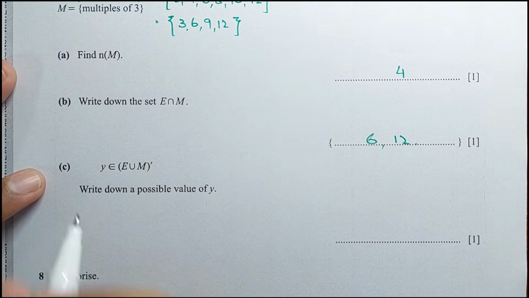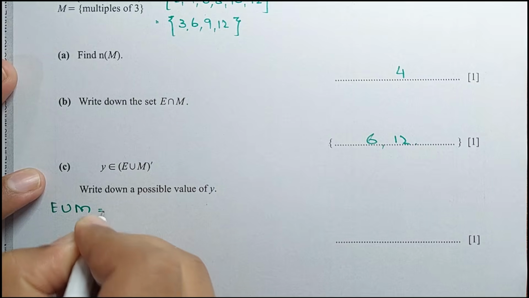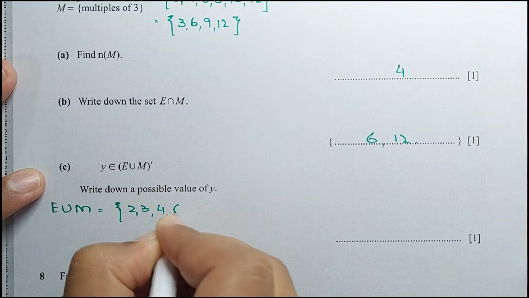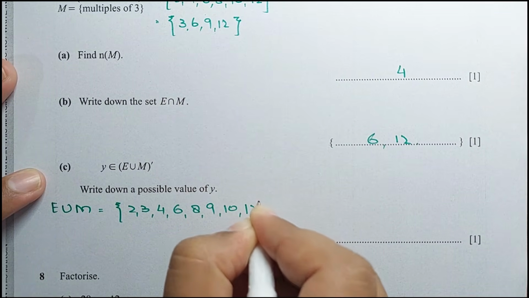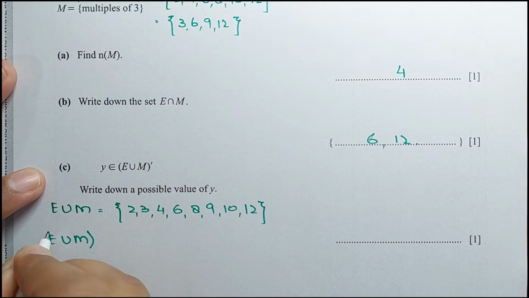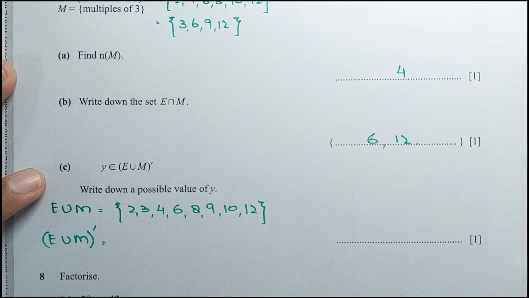So we can do E union M. This is 2, 3, 4, 6, 8, 9, 10, and 12. And when we do E union M, its whole complement, it means these numbers are subtracted from the universal set.